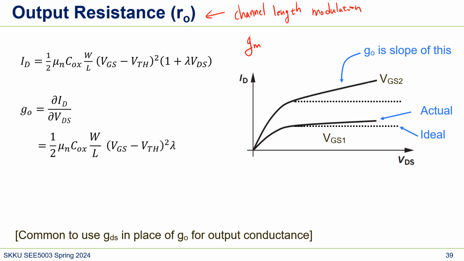In circuit design, there's a lot of approximation. When we think about GM, transconductance, we're not gonna consider channel length modulation because it's too complicated. That's our assumption. But for output resistance, channel length modulation actually plays a key role, so this time we're gonna consider it.